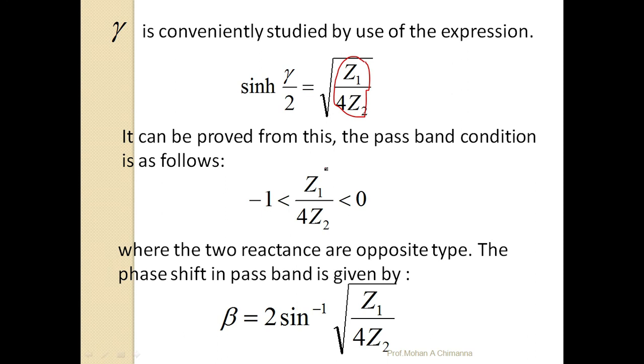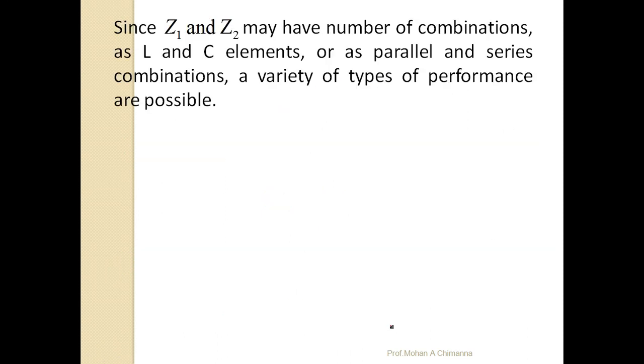Where the two reactances are of opposite type, the phase shift in the pass band is calculated as beta equal to 2 sine inverse of root of Z1 upon 4 Z2. Since Z1 and Z2 may have a number of combinations as L and C elements, or as parallel and series combinations, a variety of types of performance are possible.